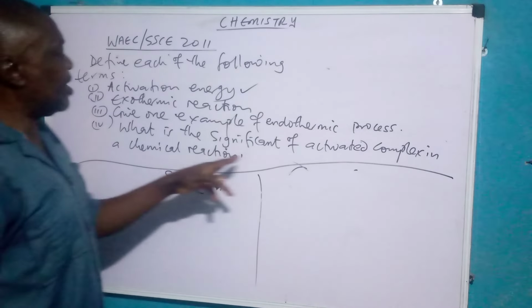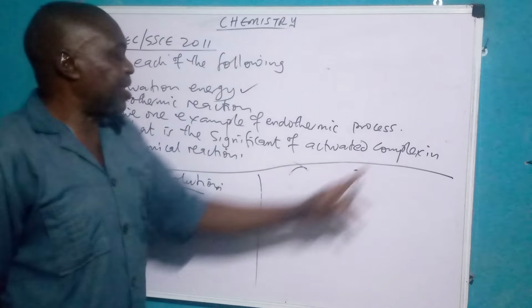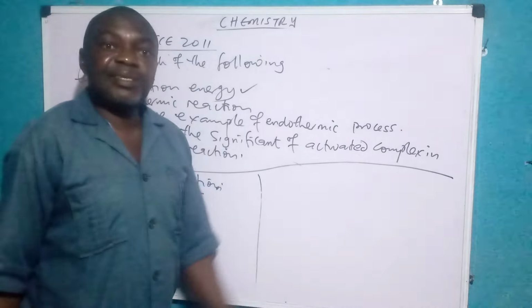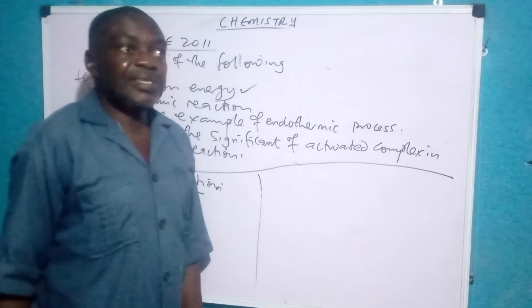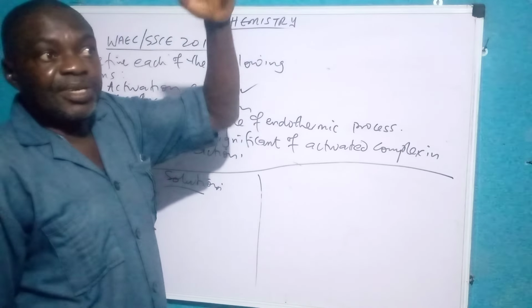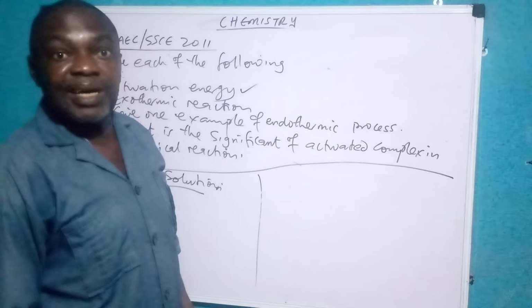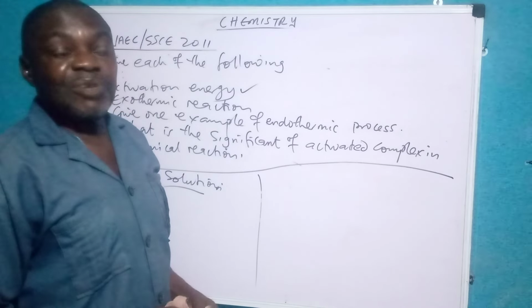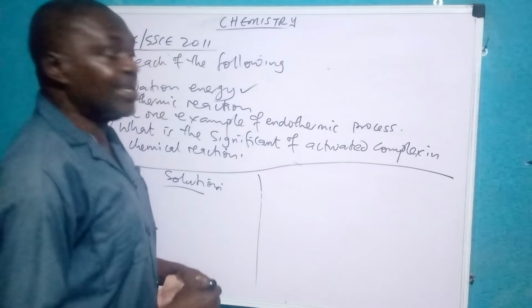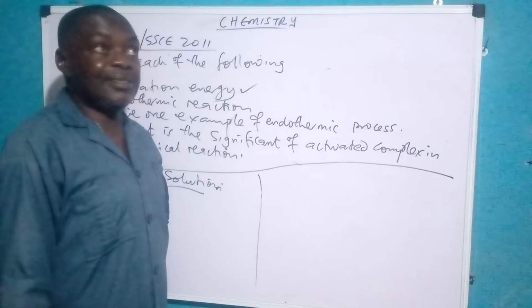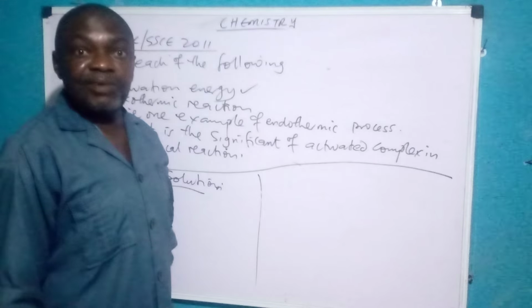Then, what is the significance of activated complex in a chemical reaction? The activated complex gives us the height or the peak which a reaction must attain, the energy that must be attained before reaction can occur. Until it gets there, reaction will not occur, because that top is usually unstable.